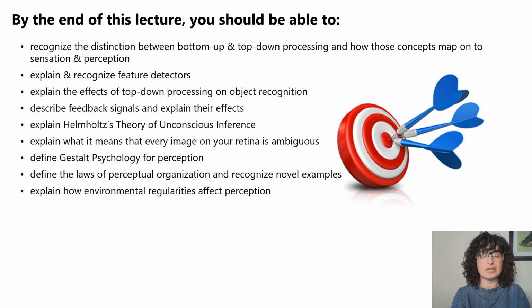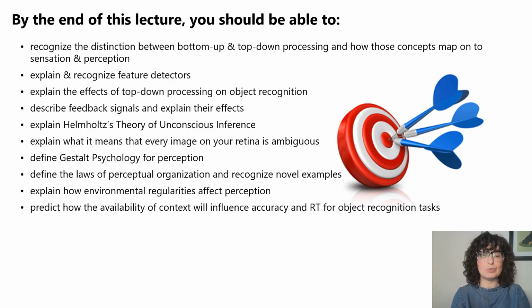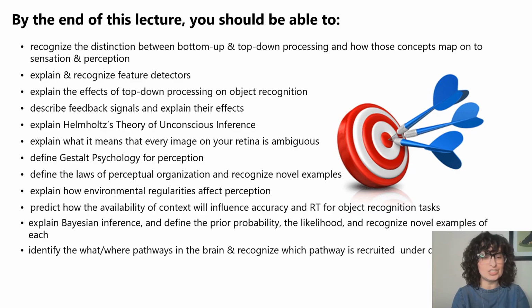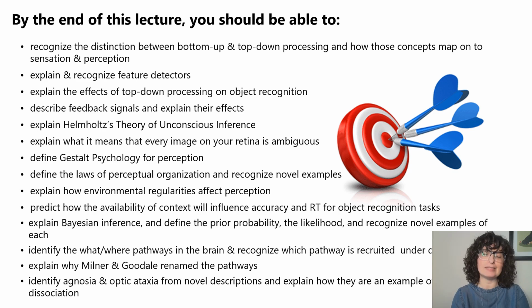Explain how environmental regularities affect perception. Predict how the availability of context will influence accuracy and reaction time for object recognition tasks. Explain Bayesian inference and define the prior probability, the likelihood, and recognize novel examples of each. Identify the what-where pathway in the brain and recognize which pathway is recruited under different conditions. Explain why Milner and Goodale renamed the pathways, and identify agnosia and optic ataxia from novel descriptions, and explain how they are an example of a double dissociation.